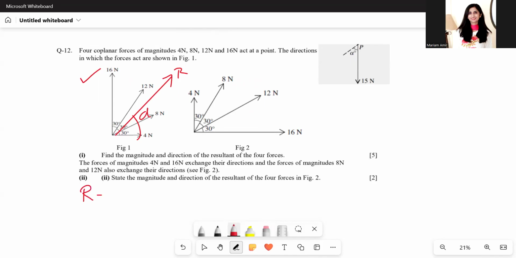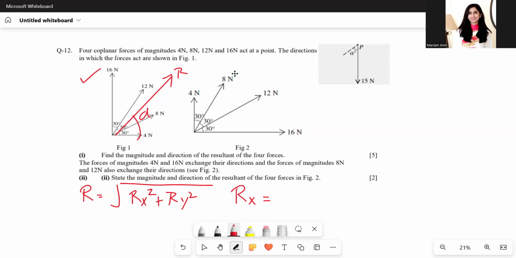To find R, we have to apply Pythagoras theorem on its x component and y component. The x component is found by adding all the x components of these four forces in one direction, and if there's an x component of any of these forces in the opposite direction, that gets subtracted.